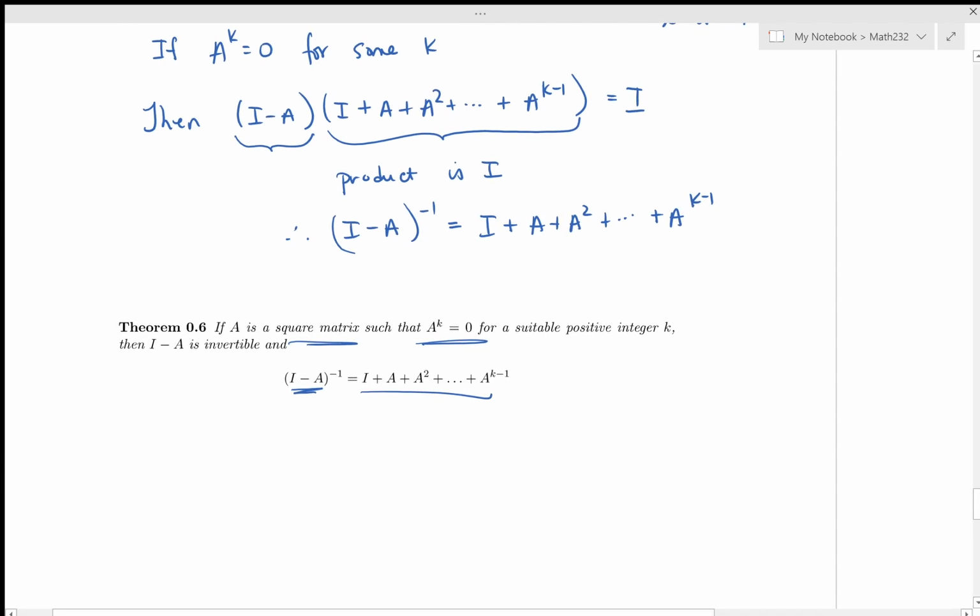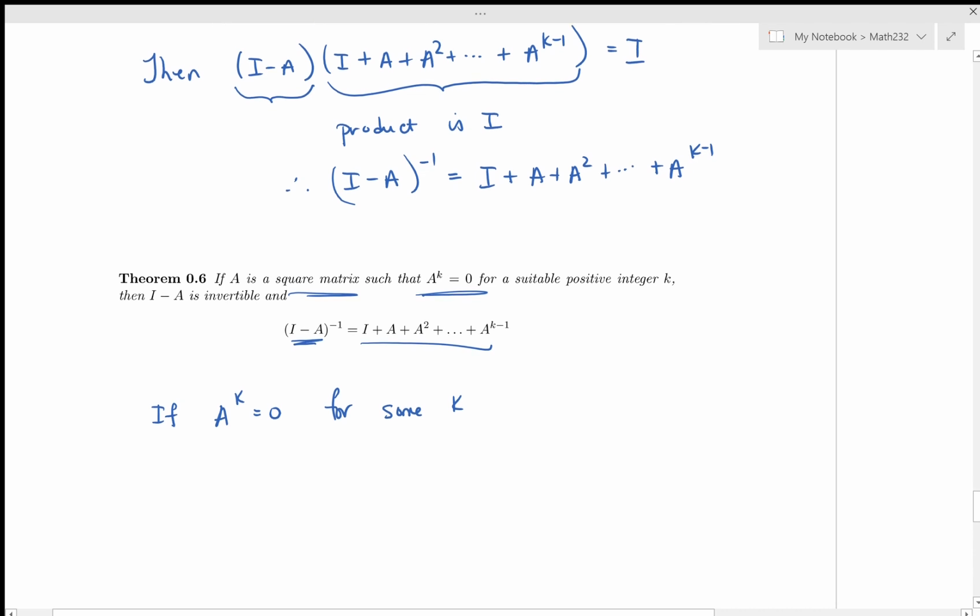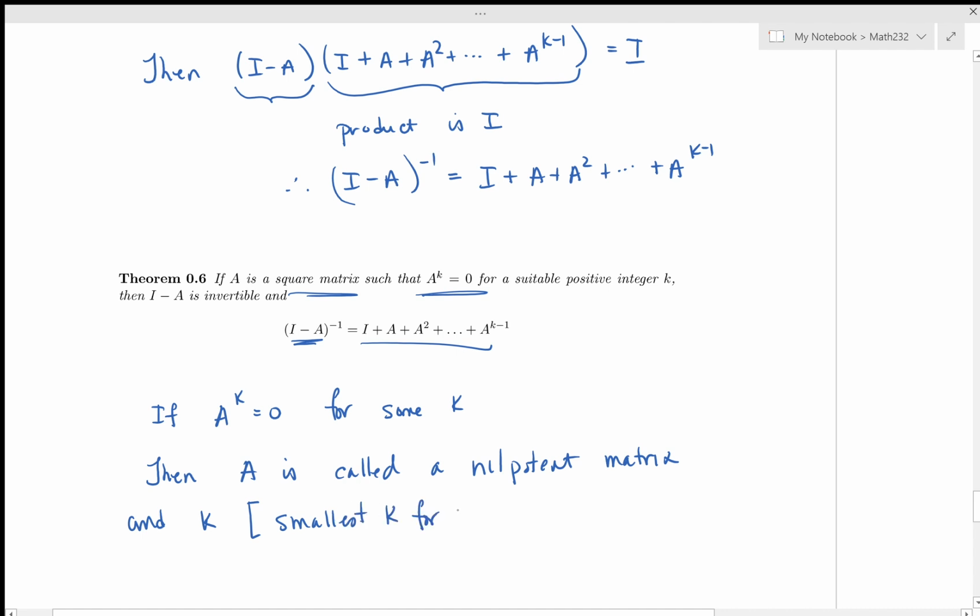Okay, if we're in this situation, some vocabulary. If A to the k equals 0 for some k, then A is called a nilpotent matrix, and k is the smallest value for which A to the k is 0.